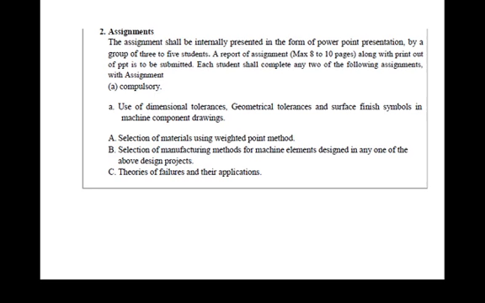This is the compulsory assignment for all the students. Then one assignment is to be selected from selection of materials using the weighted point method, selection of a manufacturing method for the machine elements designed in any one of the projects, or theories of failure with their application. That means two different assignments we need to complete.